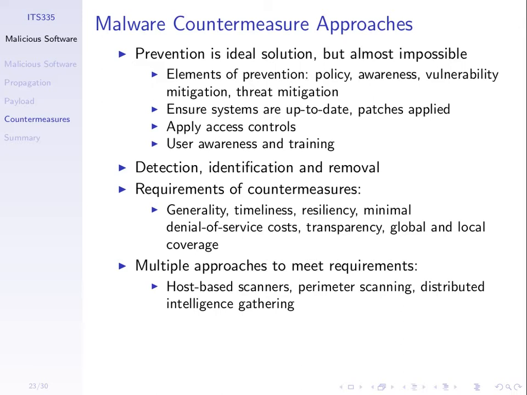How do you prevent malicious software getting on your computer? In an organisation, having some policy about what the user should do, policy and awareness about don't follow links in unsolicited emails, don't open attachments in emails which contain executables, and awareness from the user's perspective will help.